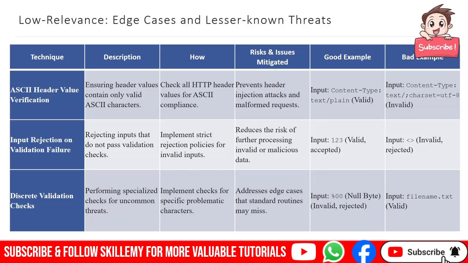For example, an input like 123 is valid and would be accepted, while an invalid input such as angle brackets would be immediately flagged and rejected. This proactive approach is vital for maintaining application integrity, as it prevents harmful data from entering the system and minimizes potential attack vectors. We then move to discrete validation checks.